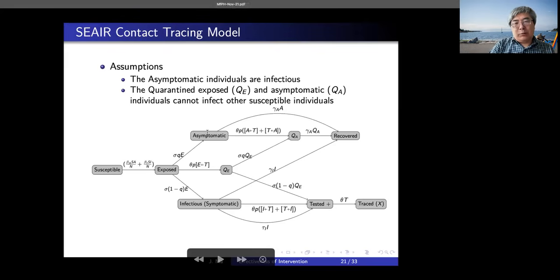So what if we want to add asymptomatic transmissions in? We can do similar things. The E, once they become infectious, a fraction of them go to asymptomatic cases, a fraction of them go to symptomatic infectious populations. And then we just build up the SEAIR model as before. The only difference is we want to track the pairs.